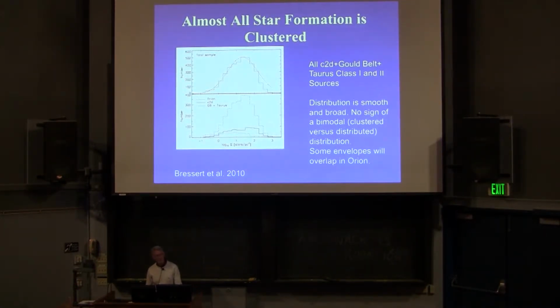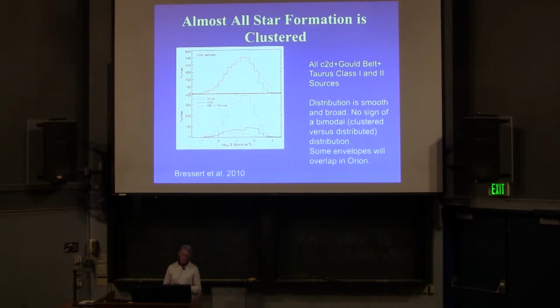So just to sort of look at that another way, Eli Bressert plotted for the C2D and Gould Belt and Taurus sources, and also then for Orion, what is the distribution of surface densities of YSOs? And we used to talk about sort of bimodal star formation, distributed mode and clustered mode.